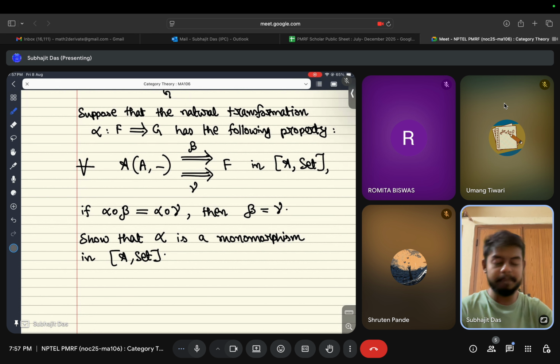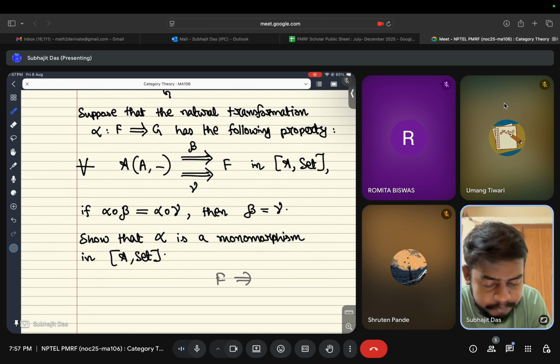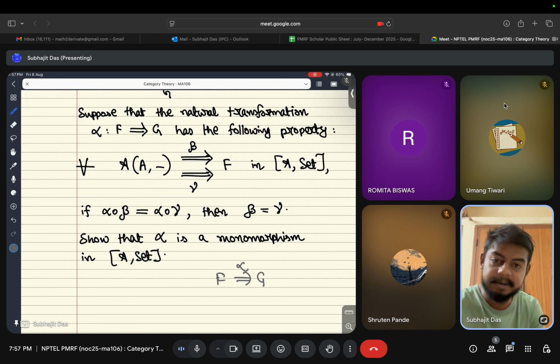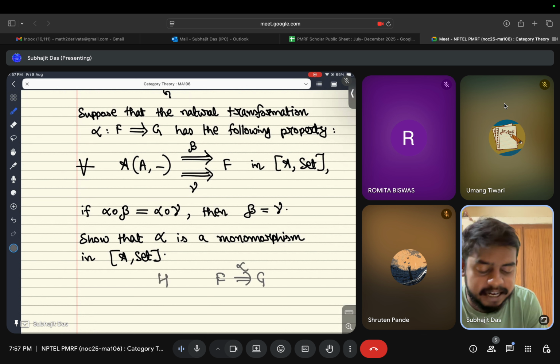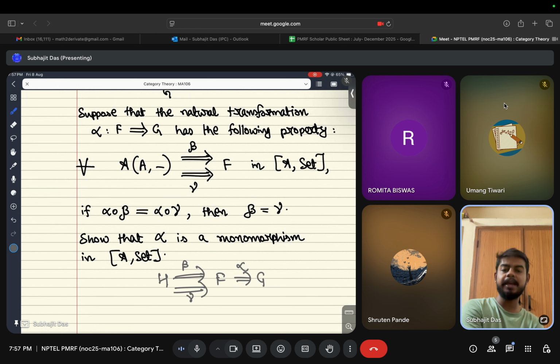Left cancellability for alpha would mean that if you take an arbitrary functor H and take two arrows beta and gamma from H to F such that alpha composed with beta is alpha composed with gamma, you should have beta equal to gamma.